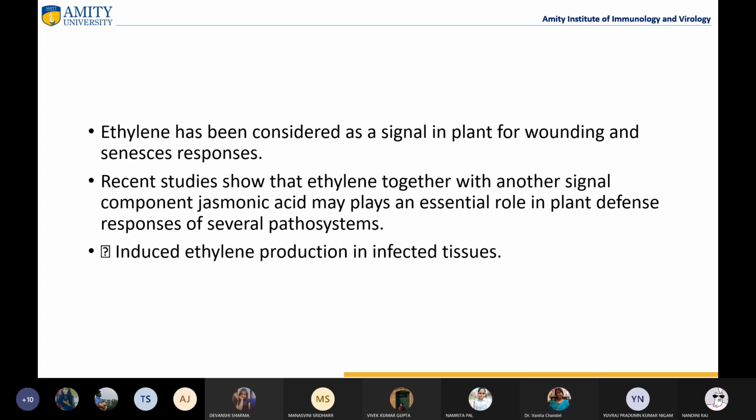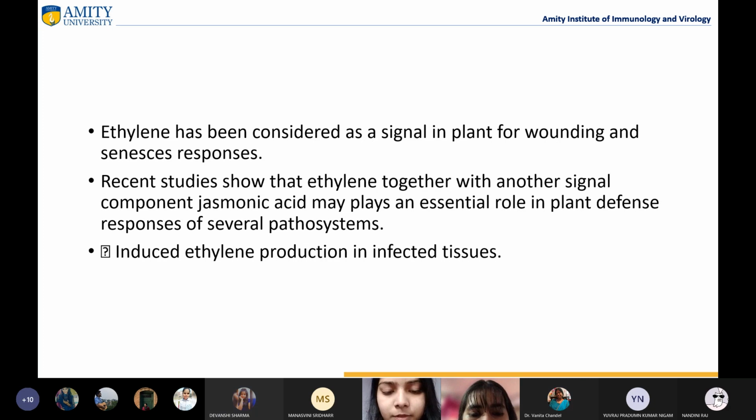Adhish Mishra. Adhish, are you there? Ayushi Jain. Present, ma'am. Sam. Present, ma'am. Devanshi. Present, ma'am. Ishita. Present, ma'am.